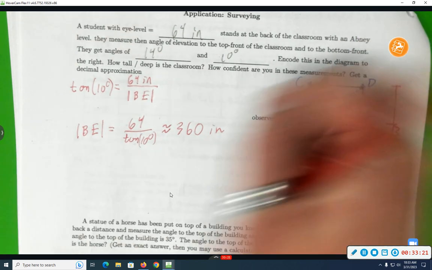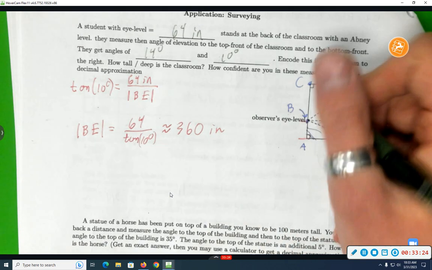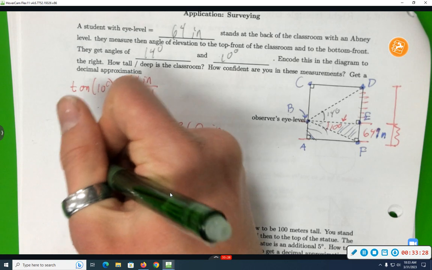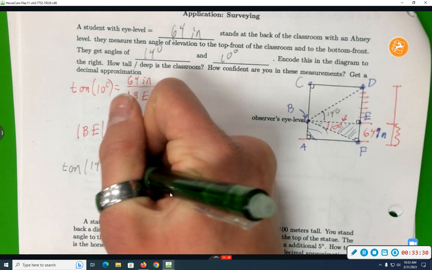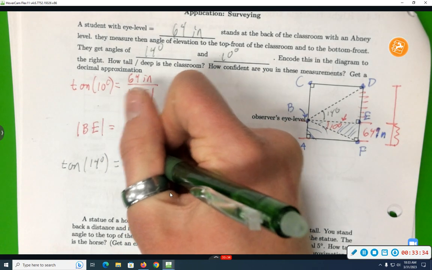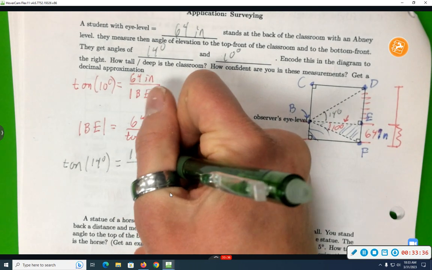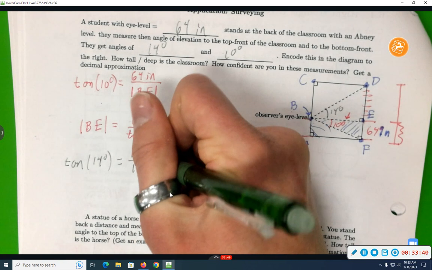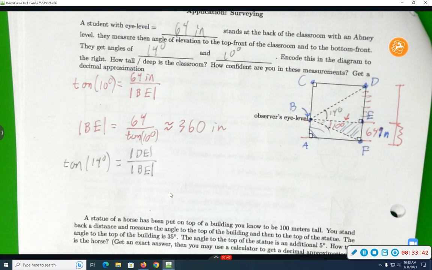Let's see. I see this 14-degree angle here. Tangent of 14 degrees is opposite, that's side length DE, divided by side length BE. And I know side length BE. Is that a better equation I could solve for side length DE?